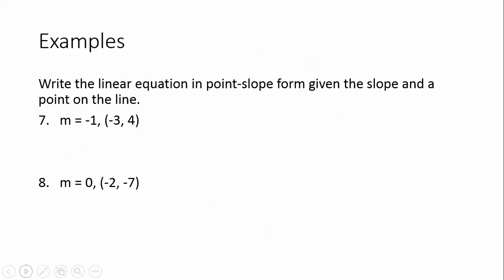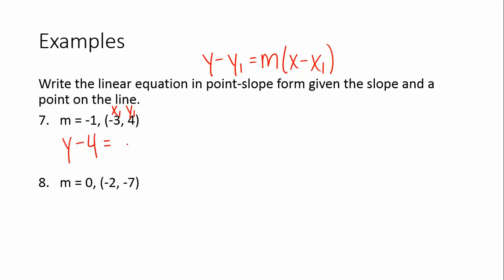Two more examples, if you'd like to pause the video and try to write this one on your own. Point-slope form is y minus y1 equals m times the quantity of x minus x1. So for number 7, again we have x1, y1. We would have y minus 4 equals -1 times the quantity of x plus 3. Pay attention to where that +3 comes from.